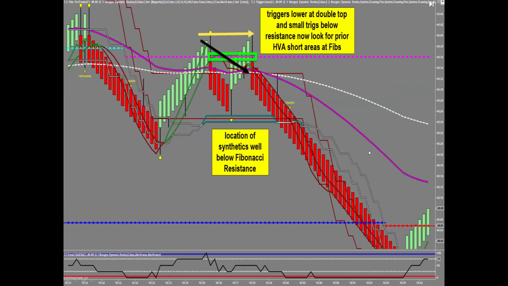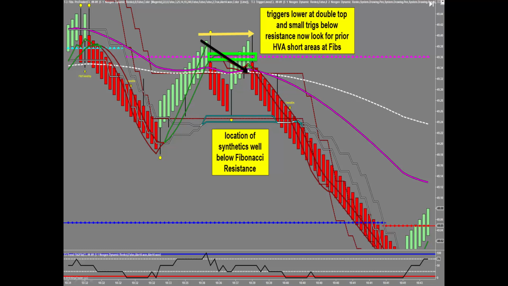One more instance, right? And then we talk about this in our educational room a lot. The location of our synthetic triggers well below resistance. And I want you to see kind of the progression, right? We make a pretty aggressive run up into this area, right? If you don't get short up here, that's okay. Allow the market to come down a little bit. Look for the pullback.